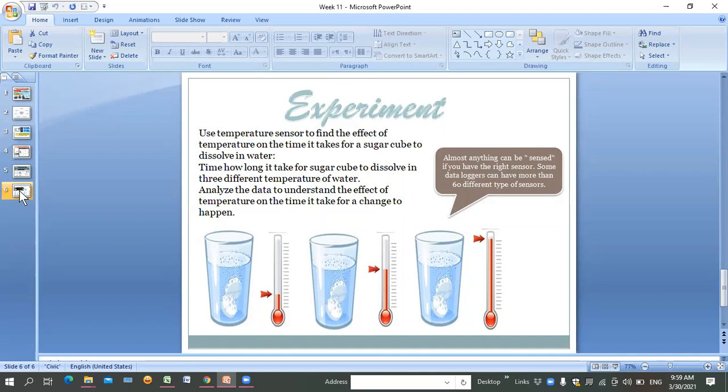We are analyzing the temperature, because temperature changes the effect on objects. Temperature brings the changes. If something is hot, the sugar dissolves faster. If it is cold water, the sugar won't dissolve fast. So you can analyze your data without a data logger, with just a sensor.